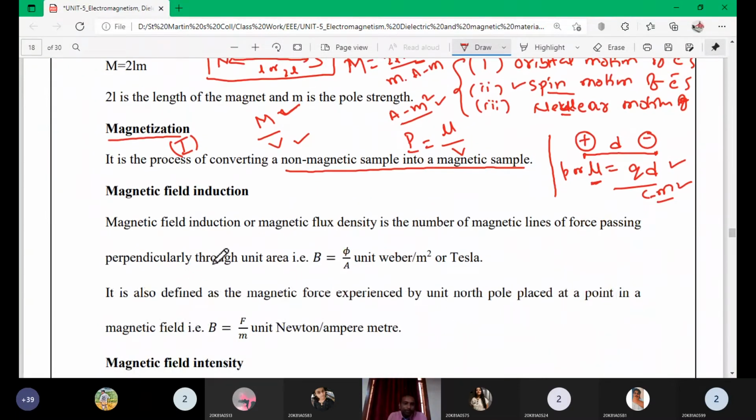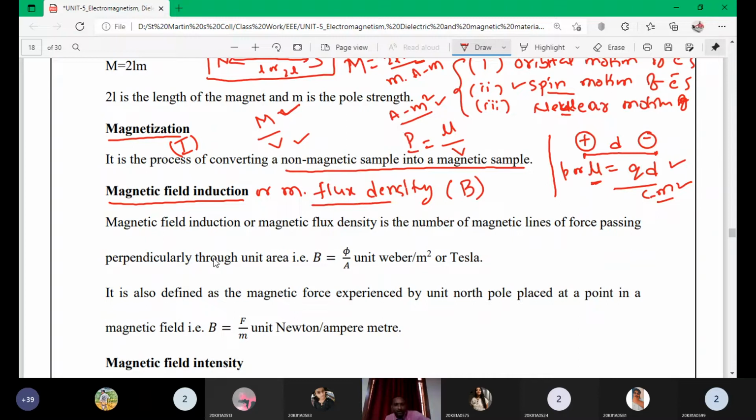And magnetic field induction, or magnetic flux density. This is also important. A few terminologies are very important, because without them you cannot understand. You can write B for magnetic field induction or flux density.